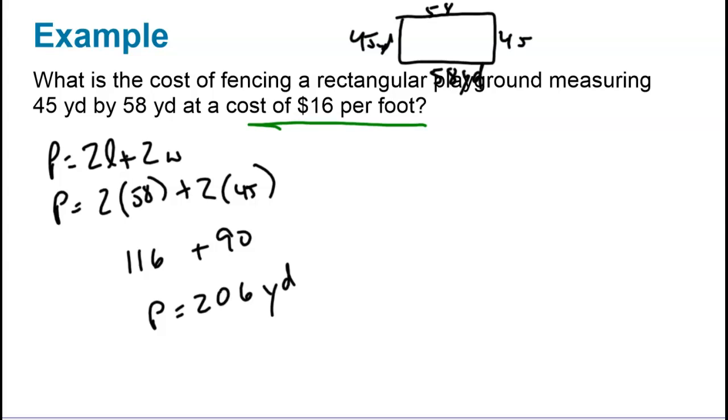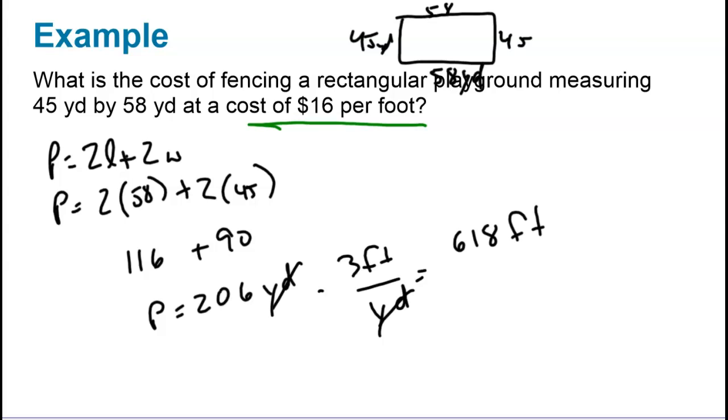Okay, well, one of the things that we make sure that we see is, this is in yards, and we know that we want this in feet, so let's go ahead and get the conversion. There's 3 feet to a yard. And so we're going to go ahead and have to calculate that, and so that's going to be 618 feet, because our yards cancel out here.